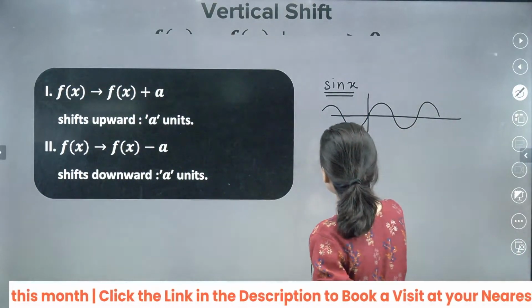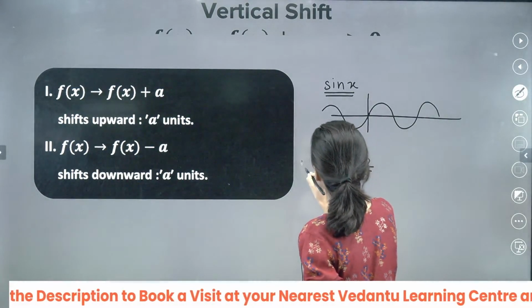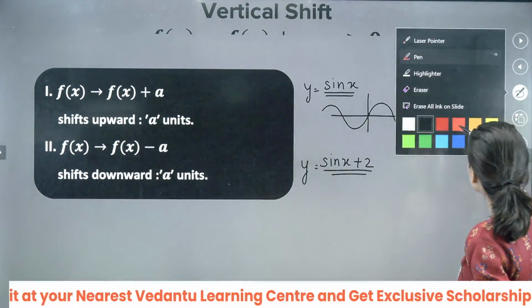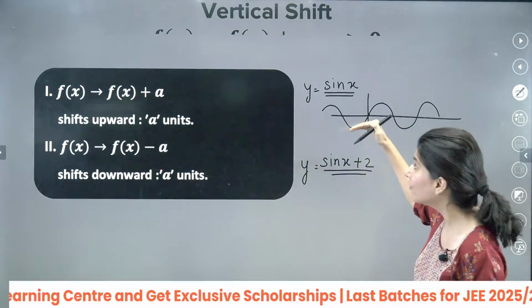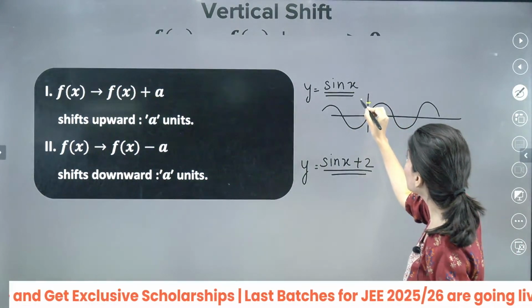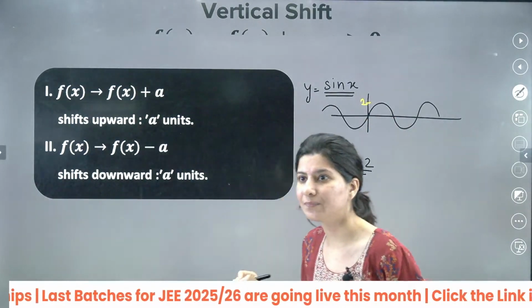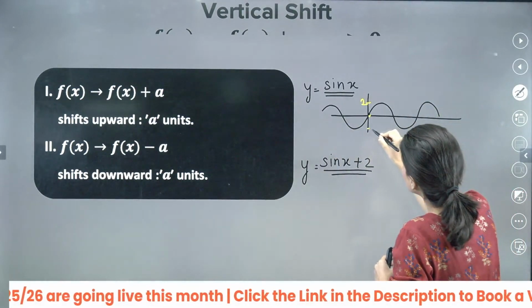Now if you have to plot sin x plus 2, this is y equals sin x, and now you have to plot y equals sin x plus 2. So what you need to do is shift this graph 2 units above. Now this is your 1. Is it visible? So this is 0 and this is minus 1.